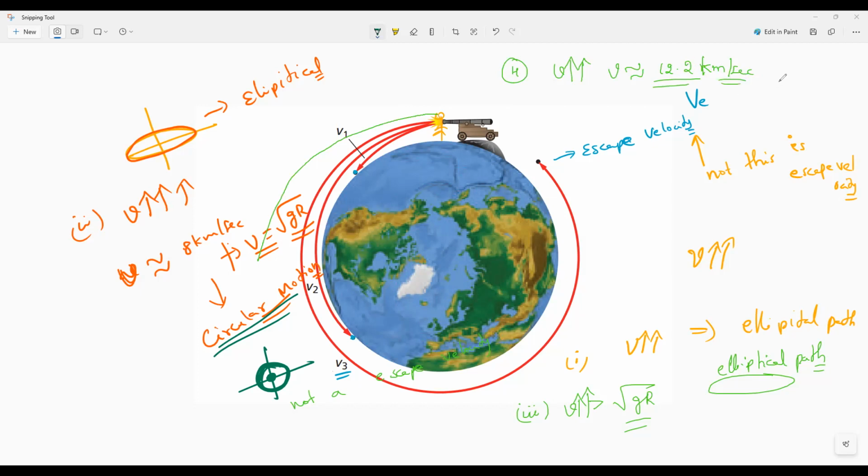In this situation, the thrown body will take a parabolic shape. This is what we call a parabolic path. It will escape from the Earth's gravity completely.